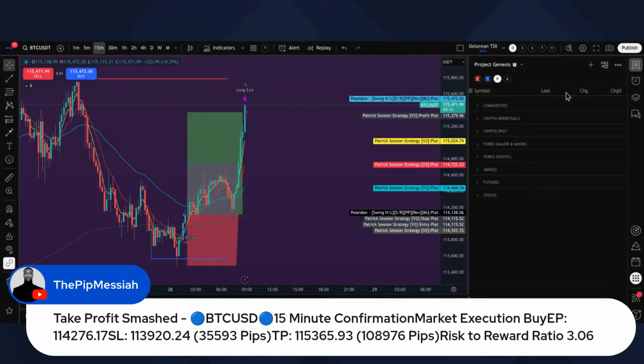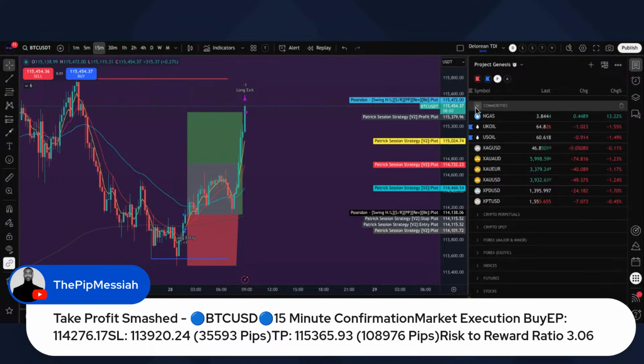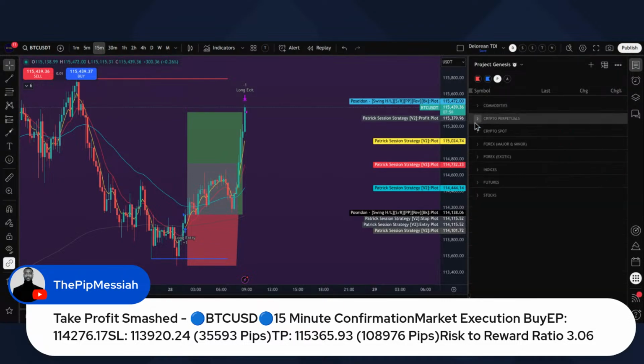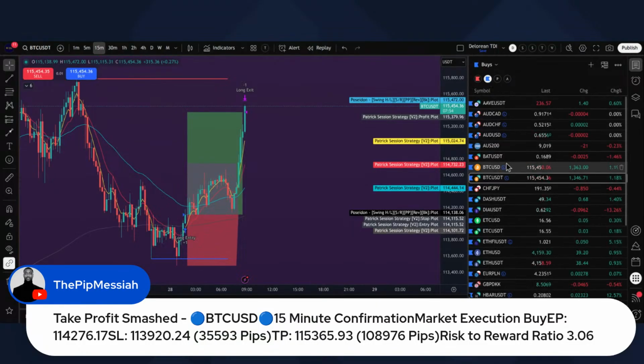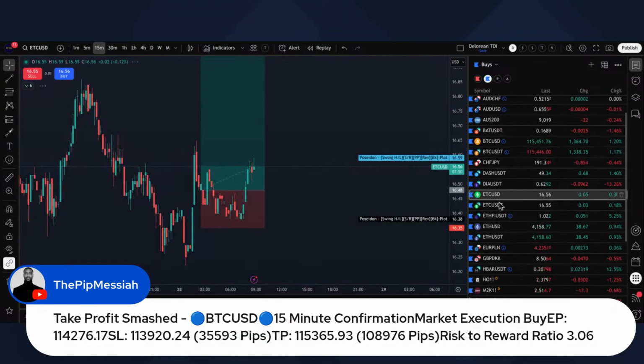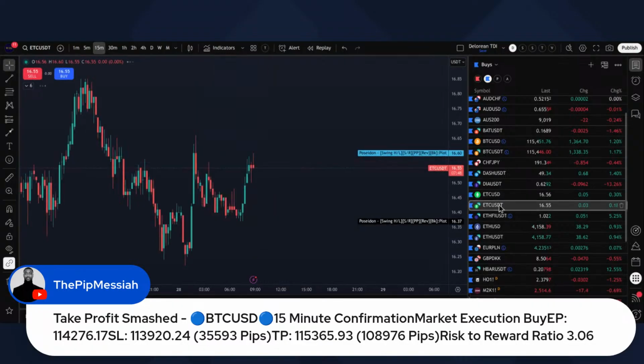The rally is continuing on Bitcoin. If we get a break of the Asian range, we may get a sell back into current price, because the true range is around this level right here. All right, so if that's the case, we need to take a look at the other trades that we're in.